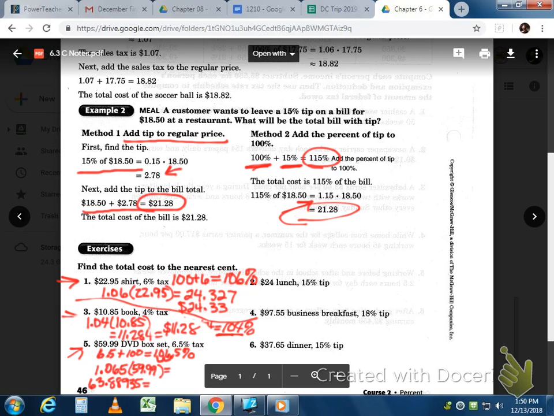Tell me what that is in dollars and cents, Andrew. $63.89. Okay, so don't let that decimal in 6.5% fool you. Once you add it onto your 100 and you get 106.5, you're still moving that decimal 2 places over.